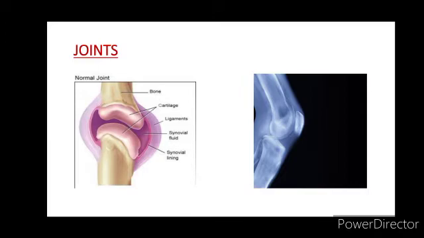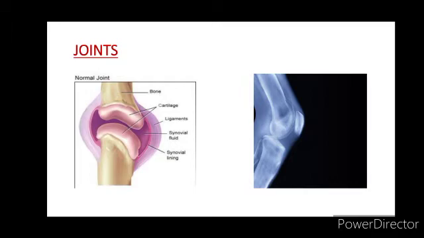The bones are joined by strong elastic bands of tissue called ligaments. Ligaments also protect the ends of the bones from wear and tear. All joints contain a fluid that acts as a lubricant and allows the bones to move smoothly.